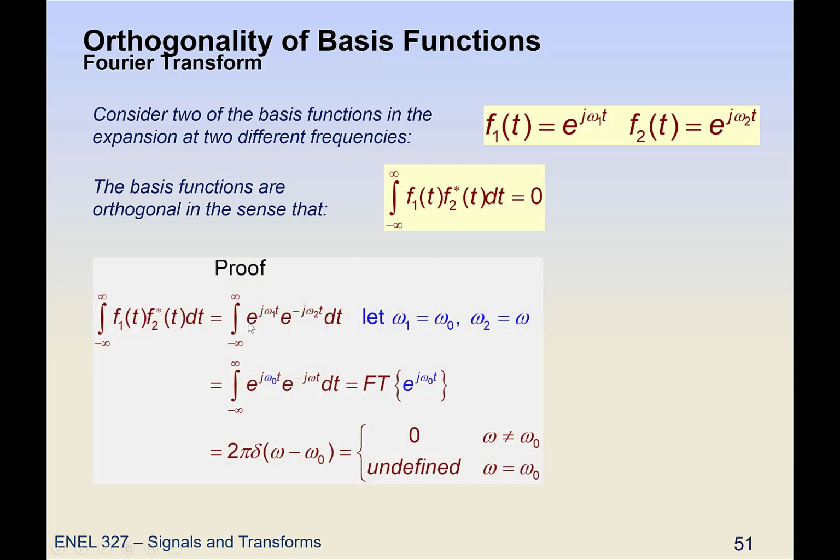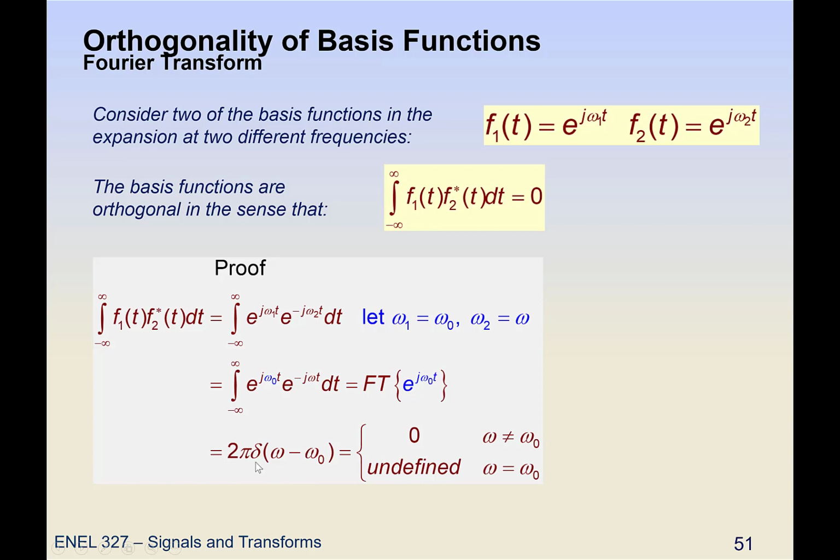The proof is a little bit more complicated because we have these negative infinity to infinity integrals again. But what I'm going to do is just take a look at that expression that we get by plugging these functions in. And I'm just going to replace omega 1 with omega naught and omega 2 with omega just to make a point. They could be anything. So then we get this expression here, but taking a look back at our Fourier transform definition, that's just the Fourier transform of an exponential at omega naught.